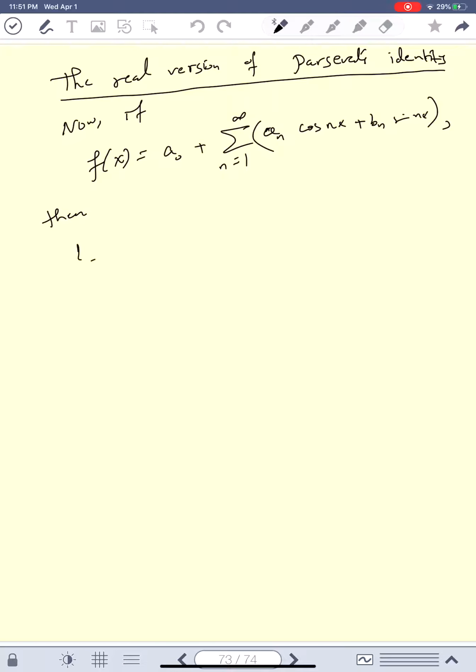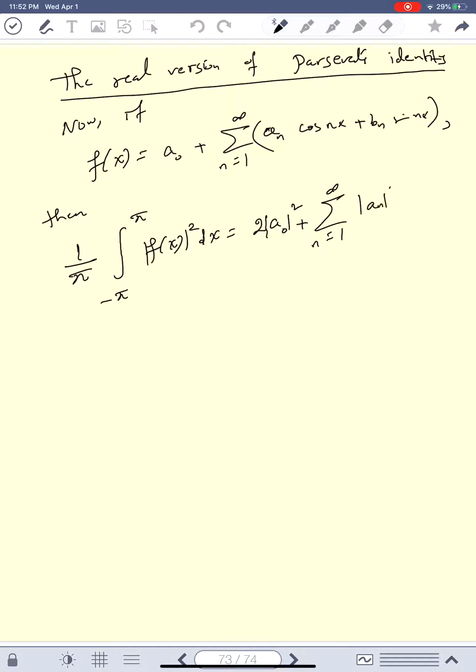It is 1 over pi integral from minus pi to pi of the absolute value of f of x squared dx equals 2 times a0 squared, plus the sum from 1 to infinity of the absolute value of an squared plus bn squared.